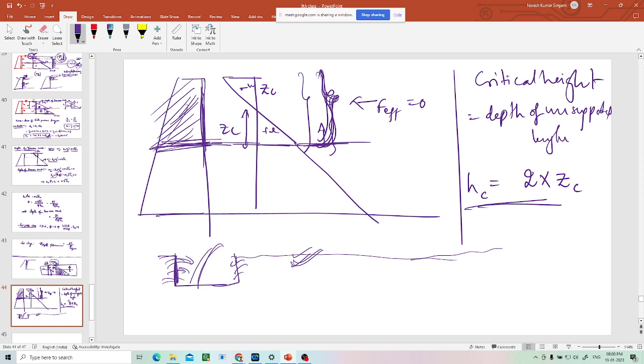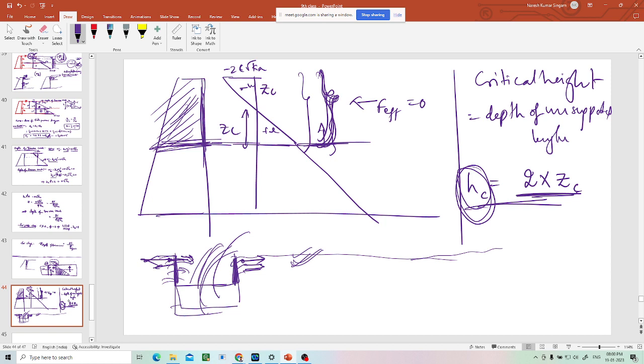Because of the cohesion, because of that minus 2 root K c. The force is not in this direction, the force is in this direction. Here also the force is in this direction. And what is this height? Up to where you can go? Up to this height, 2 into ZC, you can dig without the soil falling.